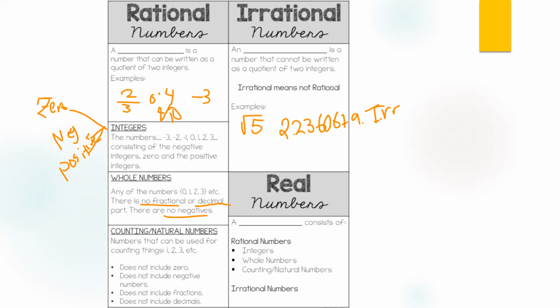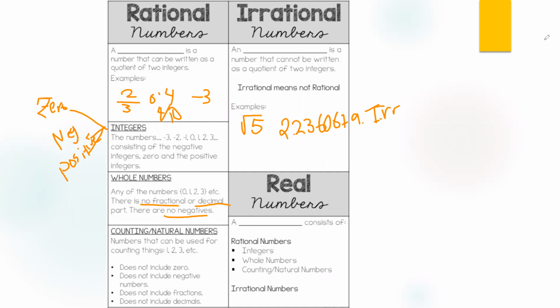Now, what are the real numbers? As I told you, the real numbers consist of rational numbers and irrational numbers. And the rational numbers consist of integers, whole, and natural numbers.